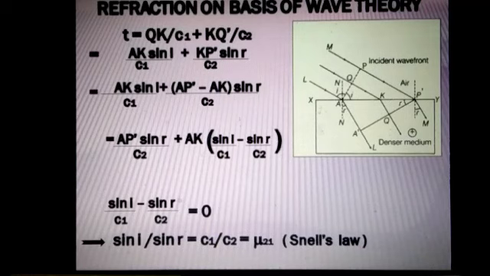So from here we can say sin i by sin r is equal to c1 by c2, equal to mu 2 1. Mu 2 1 is called the refractive index of the second medium with respect to the first medium. This is nothing but Snell's law.